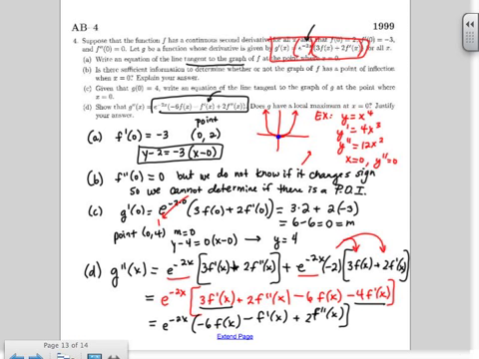Okay, let's go to the next page to have a little bit more room. So does g have a local maximum at x equals 0? Justify your answer. If I was going to find if something has a local max, again, you can think of g prime, so the chart. In order for it to have a local max, you need to go increasing and then decreasing. And at that particular point, you need your g prime to equal 0.